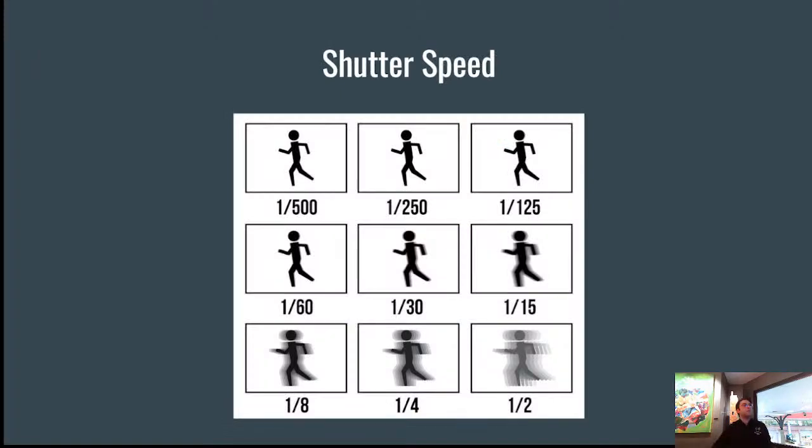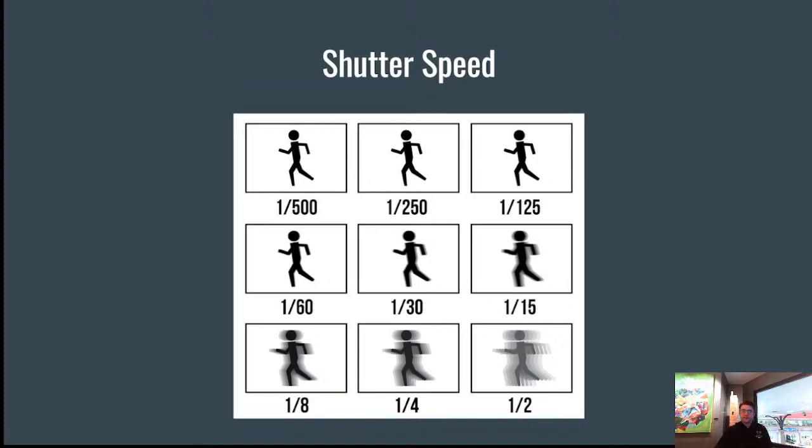Now shutter speed, we move to the next one. Shutter speed flip-flops. In the way that a higher number would lead to a smaller aperture, and that a lower number would lead to a much more wide open aperture, shutter speed works in a different way. The smaller the number, the faster; the bigger the number, the slower.